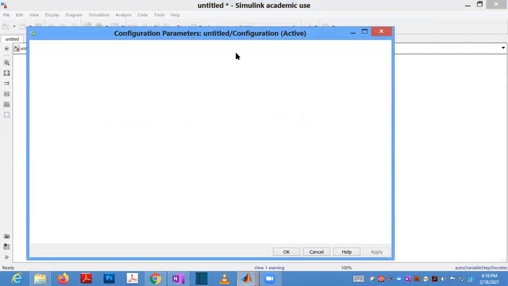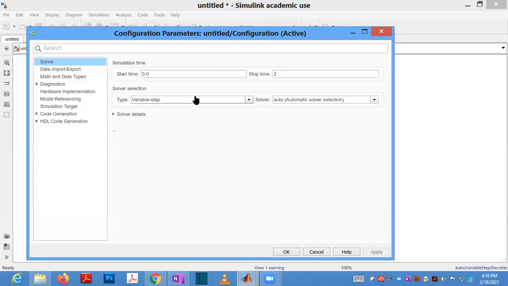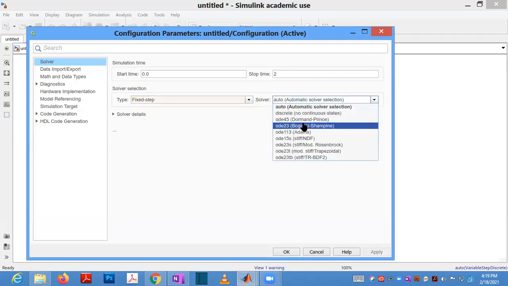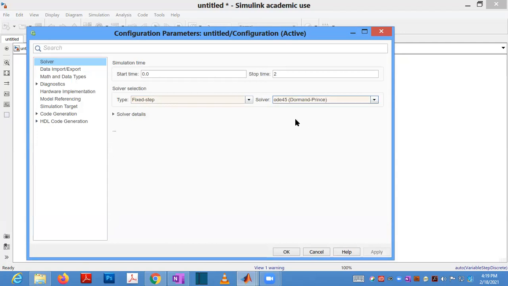In model configuration parameter, you can click on fixed step. Solver selection is fixed step, and the solver is ODE 4, 5. If you are having ODE 4 Runge-Kutta, you use that one.